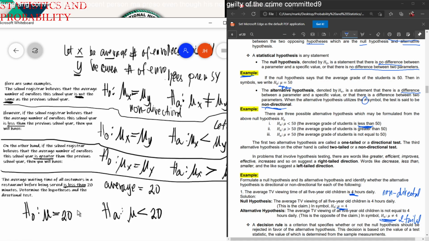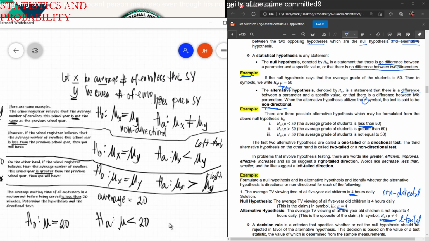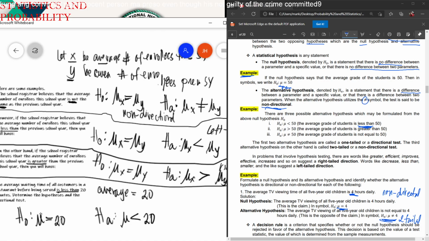Okay? There is also another thing you can write as a null hypothesis. Since the alternative is less than, what is the opposite of less than? Greater than, right? So it could be mu is greater than or equal to 20. The reason we can use greater than 20 is that our alternative hypothesis talks about less than 20.